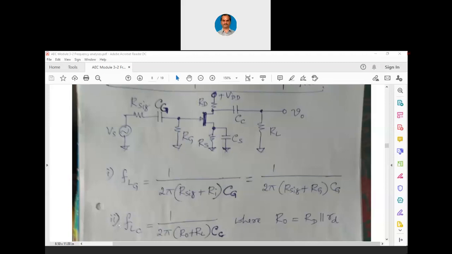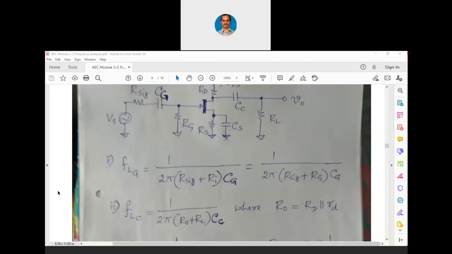We are following the approach we used yesterday. We already know that f is 1 over 2 pi RC. Whichever is the corresponding R, corresponding C, we substitute it in the formula. So FLC is directly evident, 1 over 2 pi into (R0 plus RL) into CC.